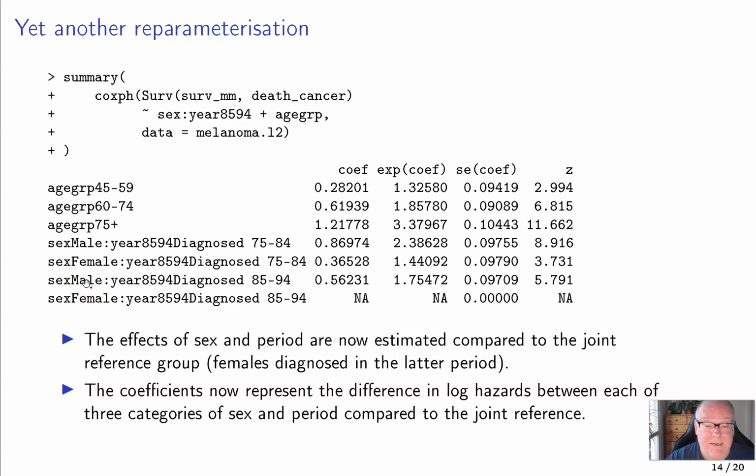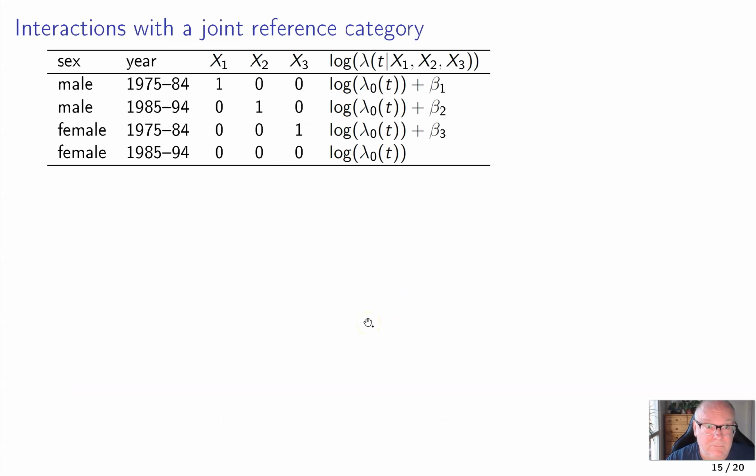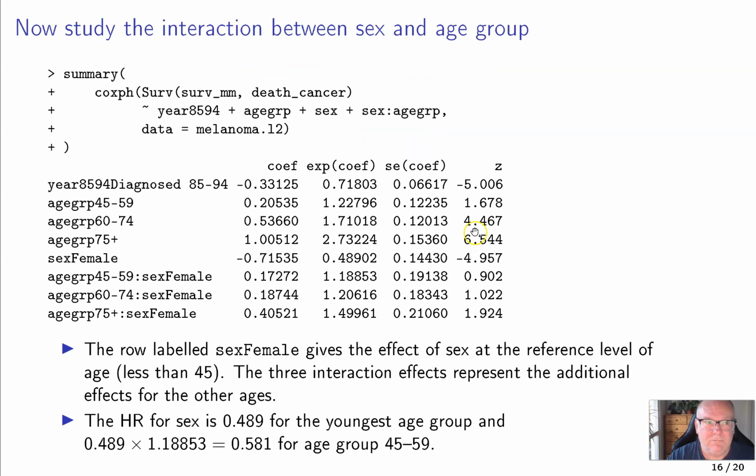Males diagnosed in the late period have a 75% higher mortality. And this is the parameterization here. So we literally have one parameter for each of the 3 categories compared to the reference group. Okay.